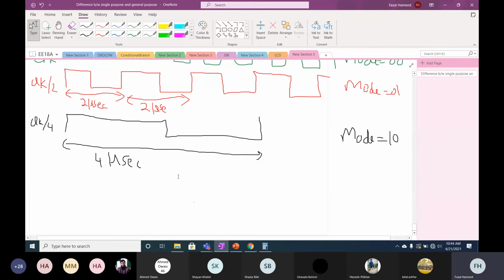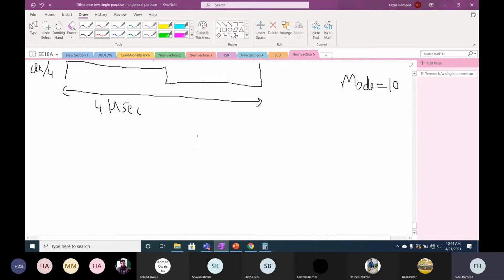The input to this multiplexer is clock. The input to this multiplexer is clock divided by 2. The input to this multiplexer is clock divided by 4. And the input to this multiplexer is clock divided by 8.